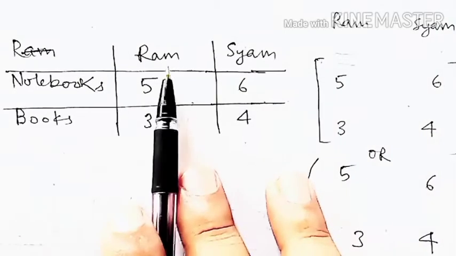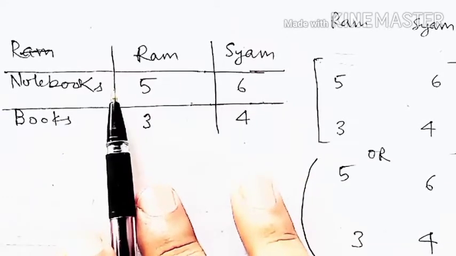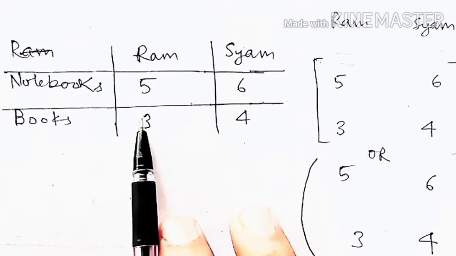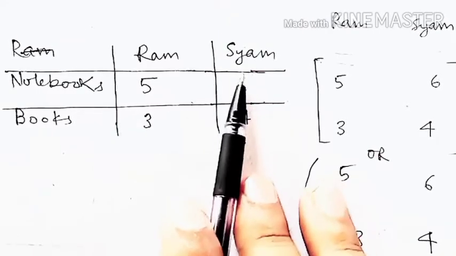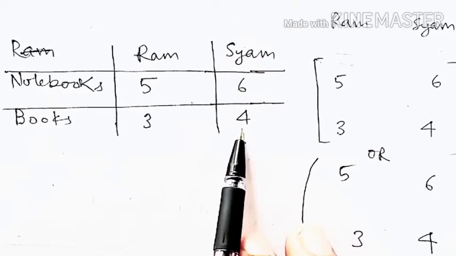Suppose Ram has 5 notebooks and 3 books. Shyam has 6 notebooks and 4 books.